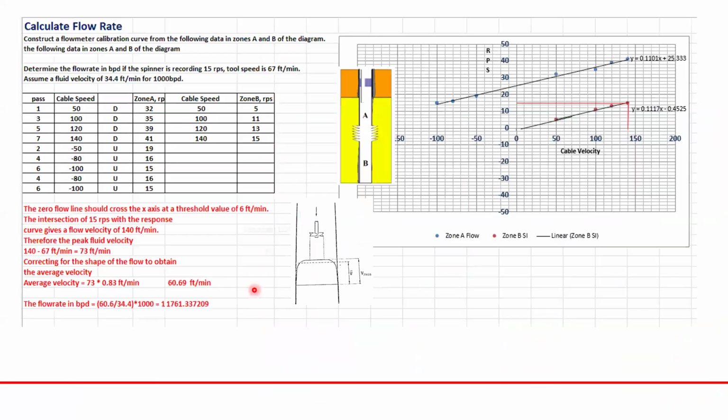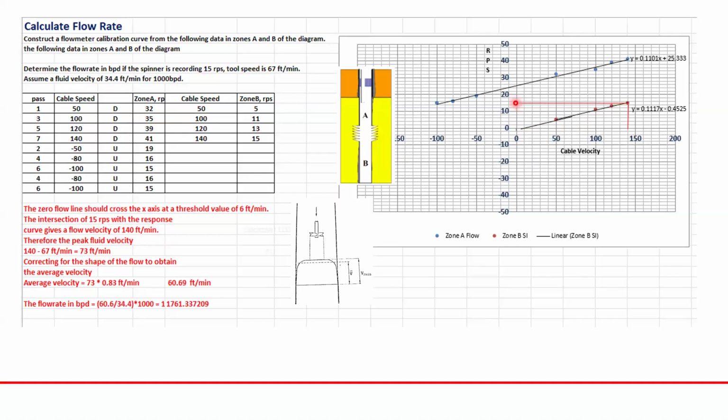This is just an example of how we can make a calibration. These points are the shut-in passes. We make a trend to eliminate the viscosity, the cable speed, and the diameter. So we construct the flow curve to determine the flow rate at 15 RPS.